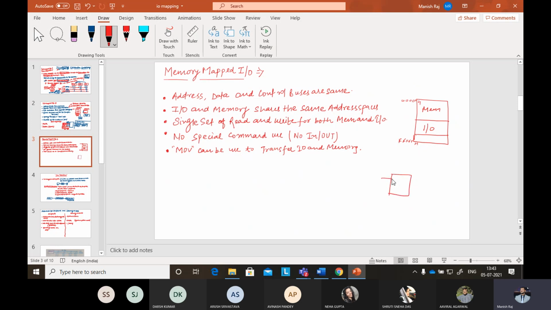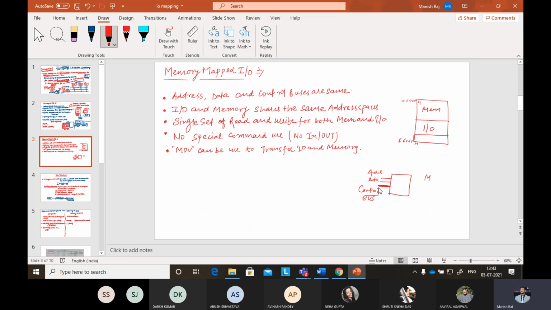Only the same bus is used. The same control bus will be used along with address and data, and the same control bus will be used for memory read, memory write, IO read or IO write.